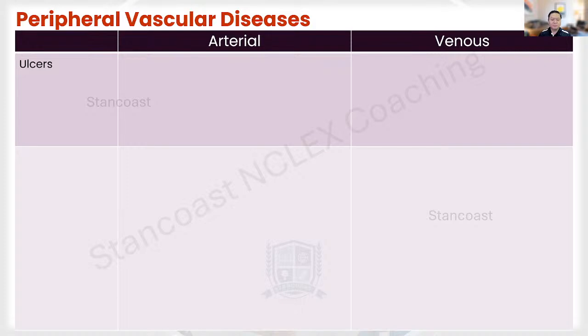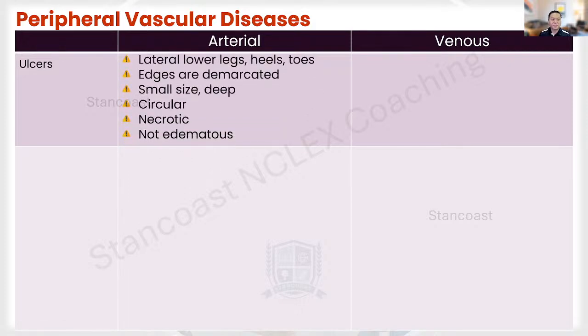Now let's talk about the ulcers, because there will be formation of ulcers in both the arterial and the venous types of PVD. Here are your different descriptions. There will be ulceration in the legs, the heels, the toes. Again, the reason for the ulceration is the poor blood circulation, poor oxygenation.